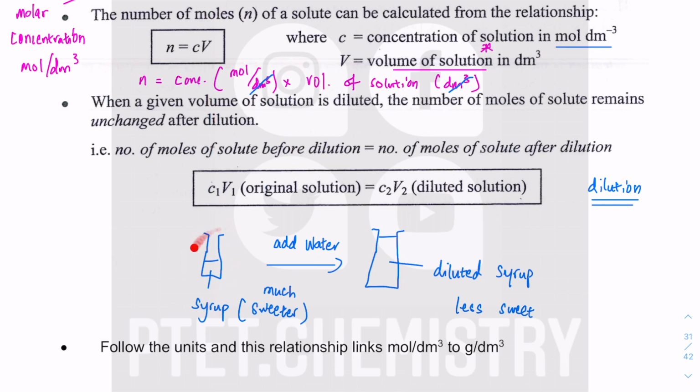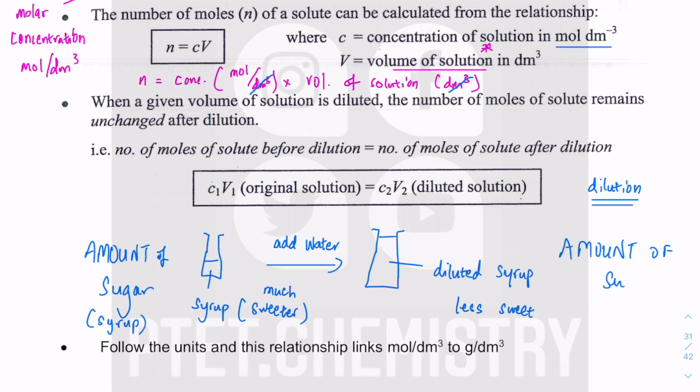So the amount of sugar I have in here is the exact same amount of sugar. The amount of sugar in the syrup is going to be equal to the amount of sugar in the diluted solution, because all I've done is decrease the sweetness by adding water. I did not add sugar, so however much sugar I have in here, the amount of substance is going to be equal to the amount of substance at the end.